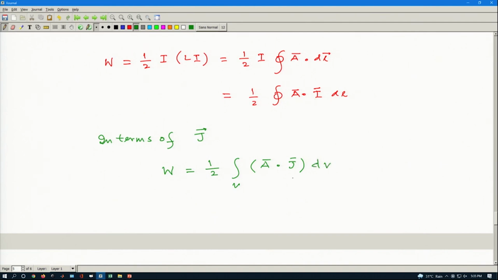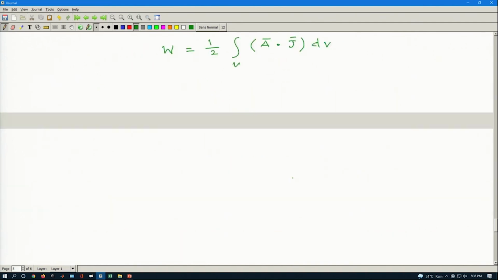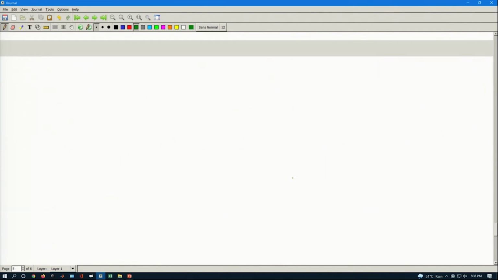It is a line current, I can simply make it a volume current. And now I am going to exploit the expression curl of B is mu 0 J. So, W, the energy stored, is 1 divided by 2 mu 0, just replacing J, something like A dot curl of B, then dV.